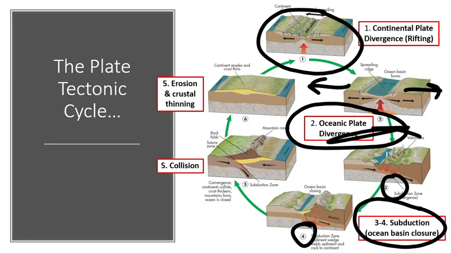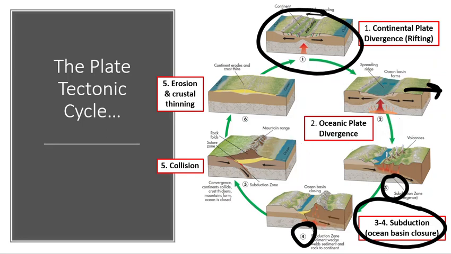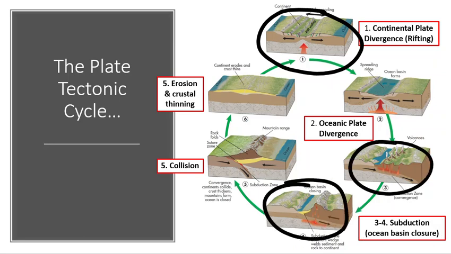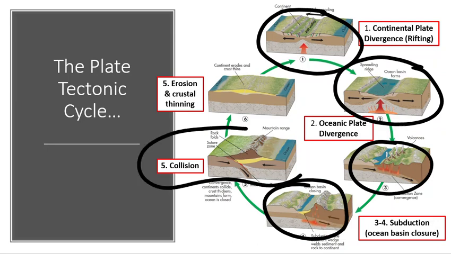Plate divergence has ended, and plate subduction is now closing up the ocean basin that was earlier created as a result of plate divergence. And eventually, in step 5, two continents meet to form a collision zone.